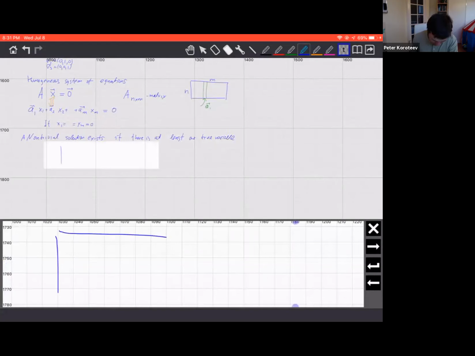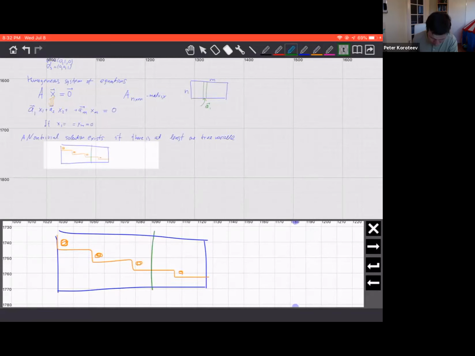This is the matrix, and its echelon form should look like that, so that not all columns are pivot columns. In other words, if these are pivot positions, there must be some columns like this which do not have pivots.